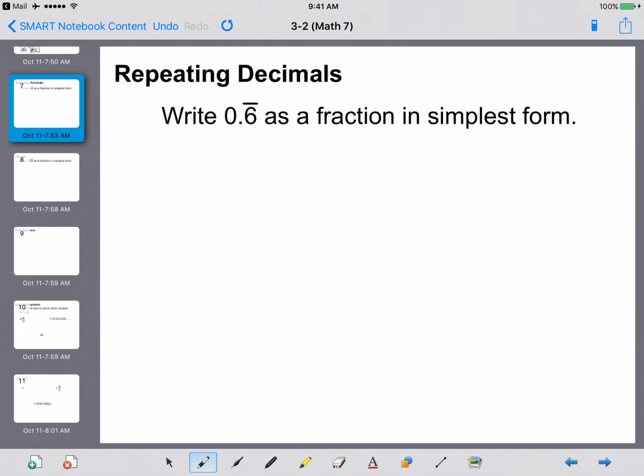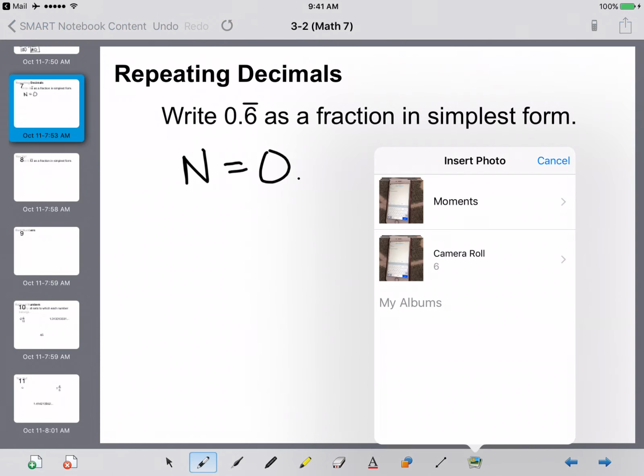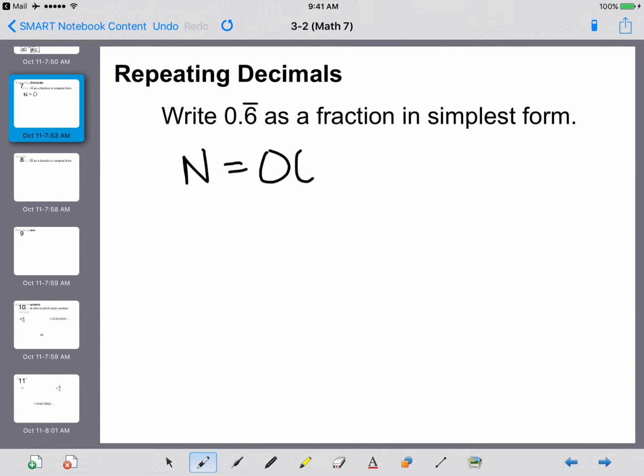So we want to write 0.6 repeating as a fraction in simplest form. You pick a variable; I pick n, which stands for 0.6 repeating on forever.